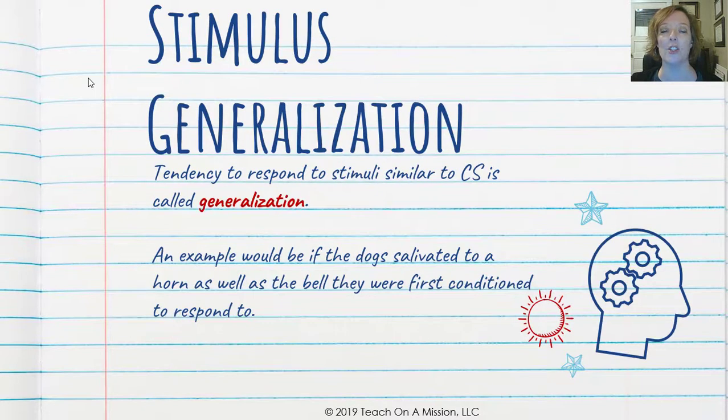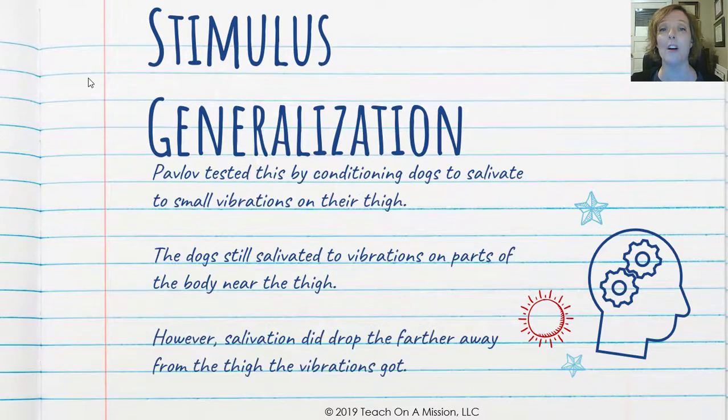Stimulus generalization. This is the tendency to respond to stimuli that are similar enough. It reaches the threshold just enough to the conditioned stimulus, and that is called generalization. So an example would be if dogs salivated to a horn as well as the bell that they were first conditioned to respond to. Pavlov actually tested this by conditioning dogs to salivate to small vibrations on their thigh.